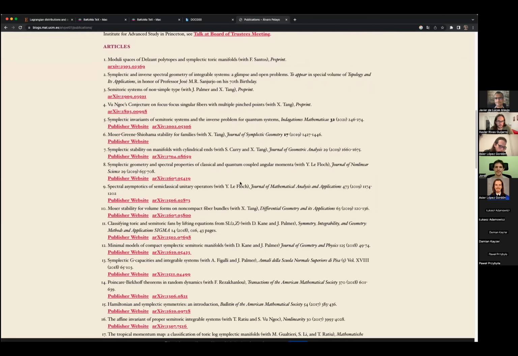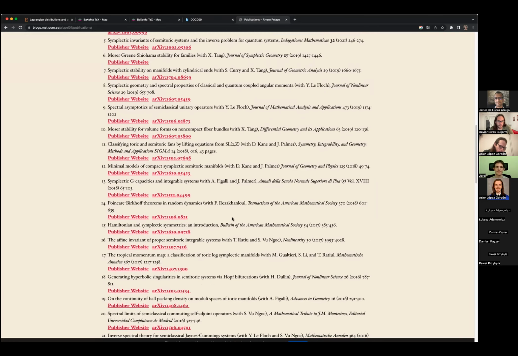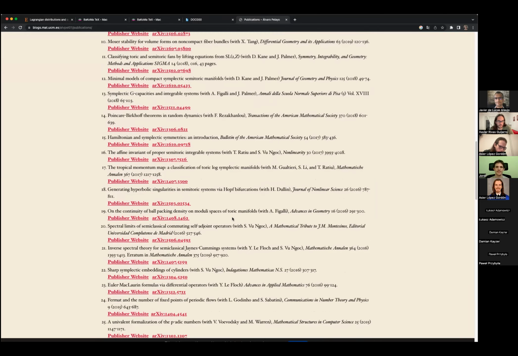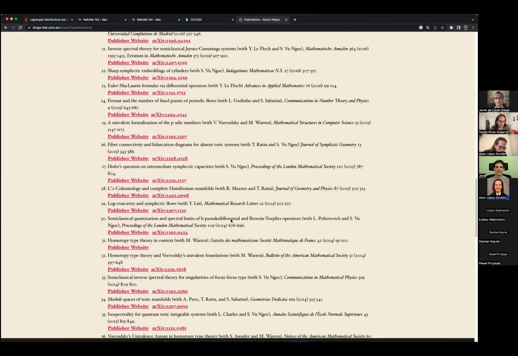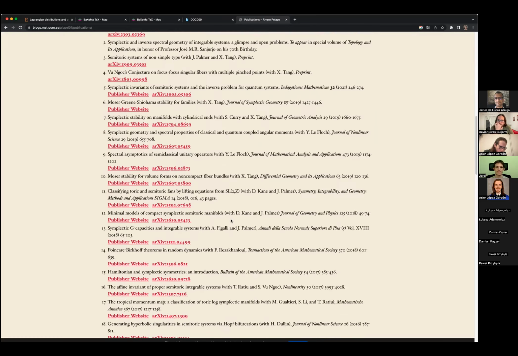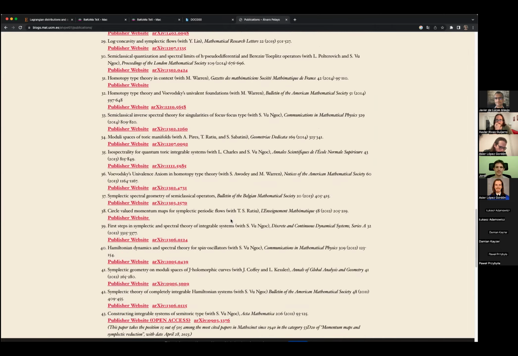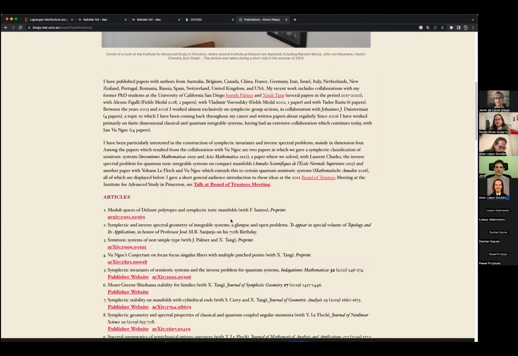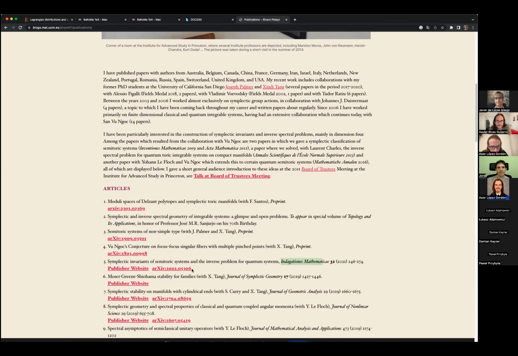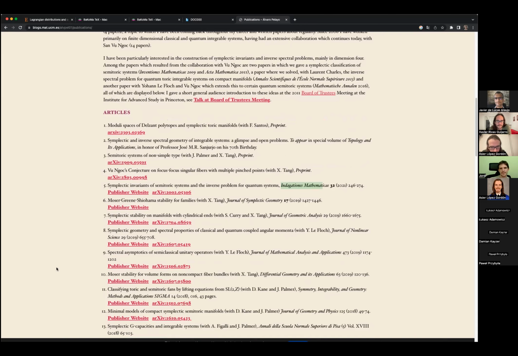And here you have a list of many papers. There must be several of them concerning non-commutative integrability, because he was working on it. It's a matter of taking a look at it. But you can also see that some of the journals are very, very good. Selecta Mathematica, this is about invariants and semi-toric systems, quantum systems and things like that.